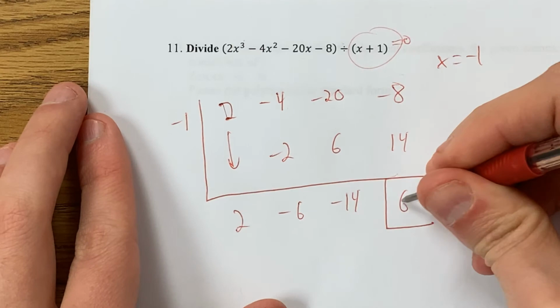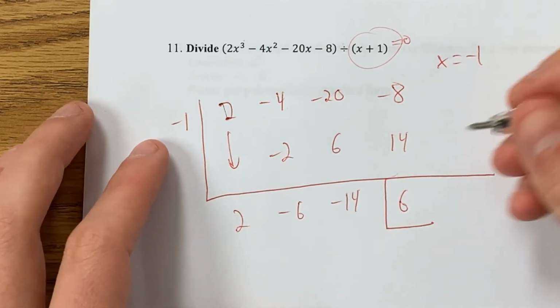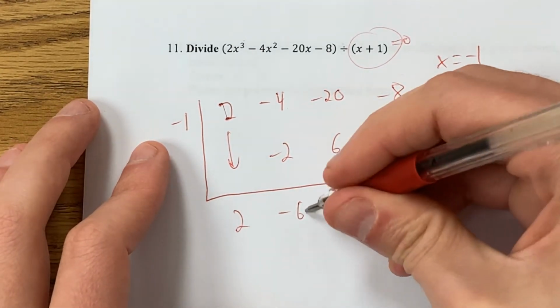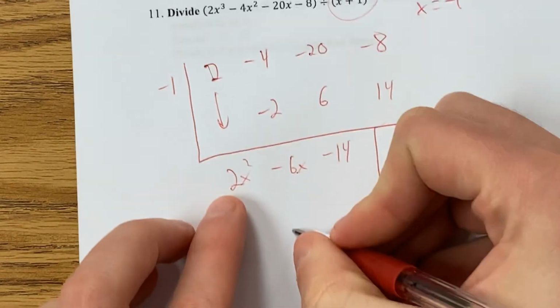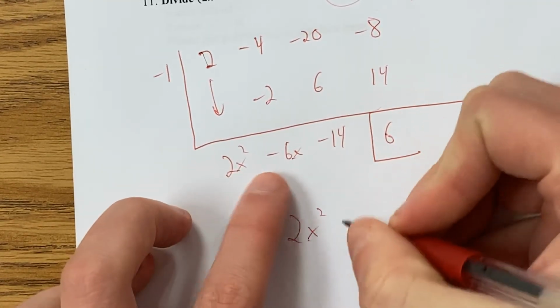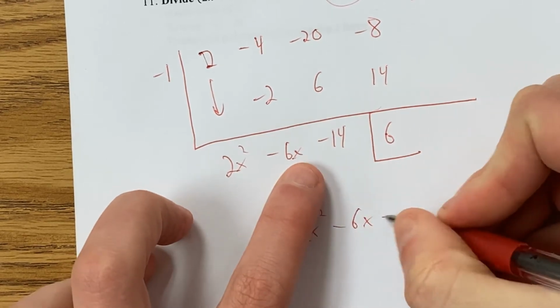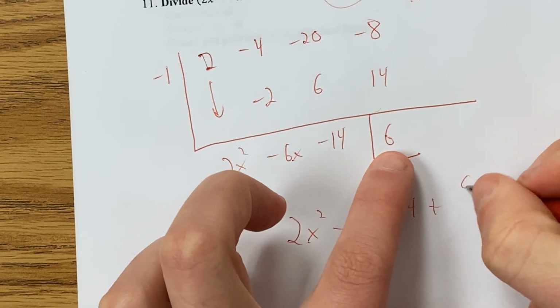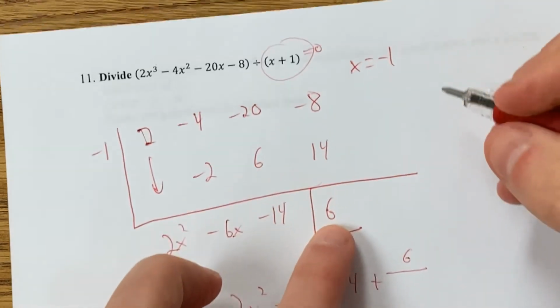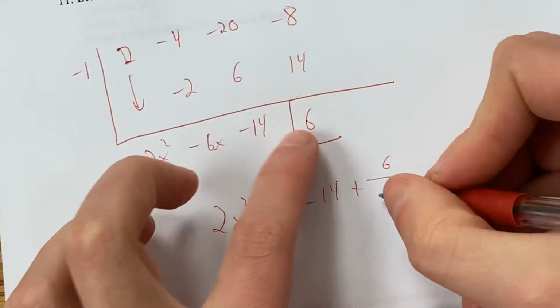Rope this off as the remainder. So this is the regular number, this is the x, this is the x squared. So 2x squared minus 6x minus 14 plus the remainder of 6 over x plus 1.